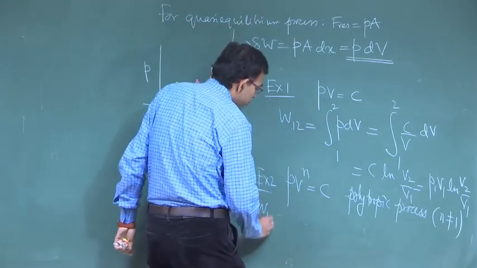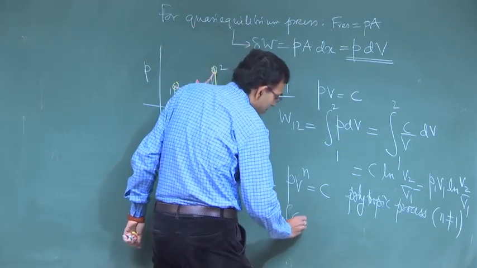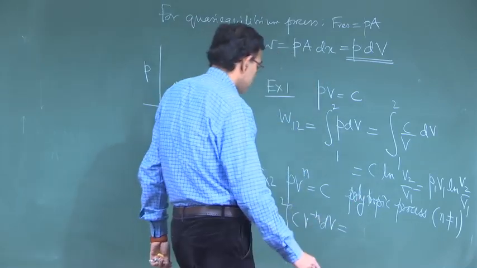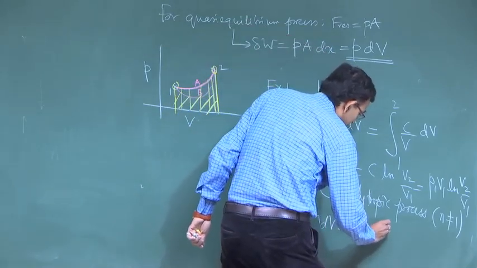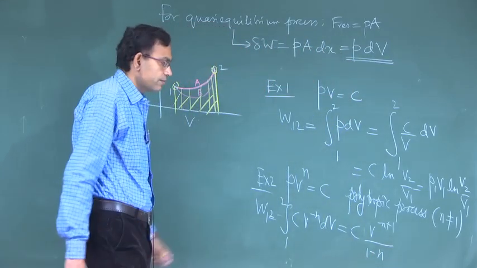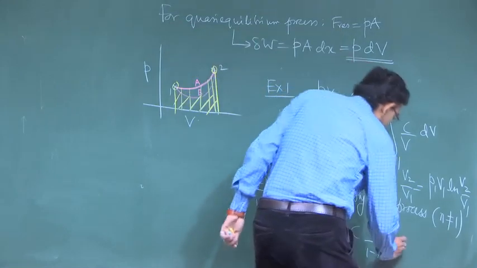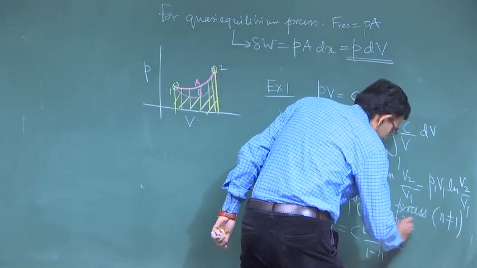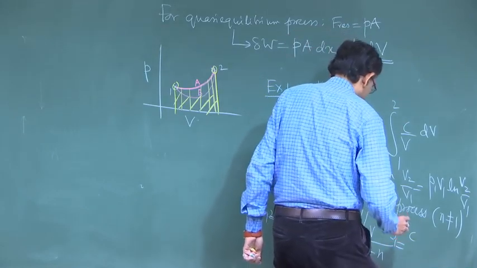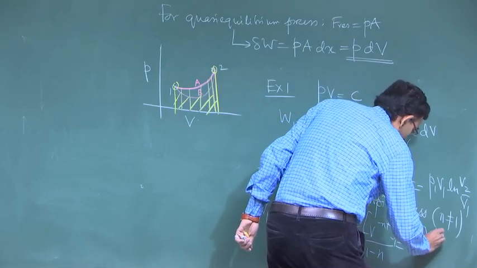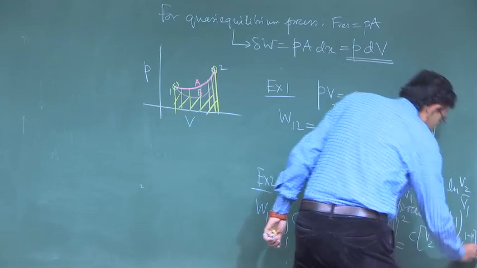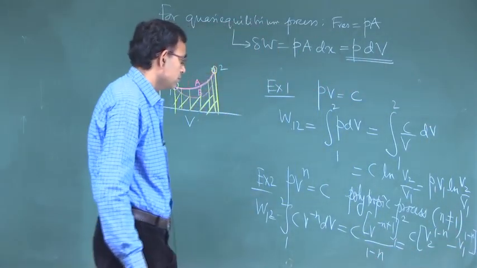So, W12 is the integral of C V to the power minus n dV from 1 to 2. So, this is C V to the power minus n plus 1 by minus n plus 1. So, C into V2 to the power 1 minus n minus V1 to the power 1 minus n.